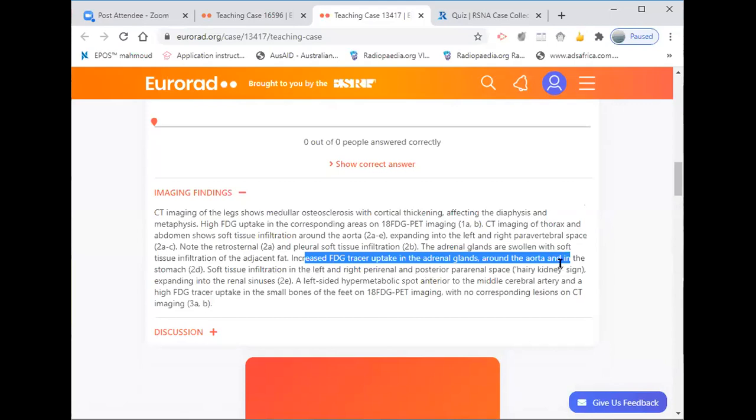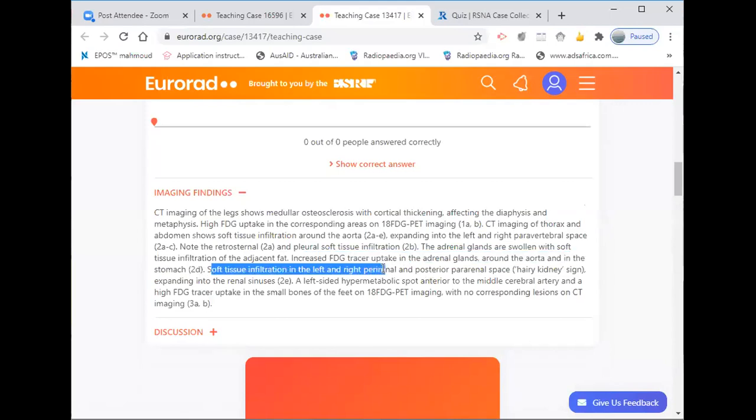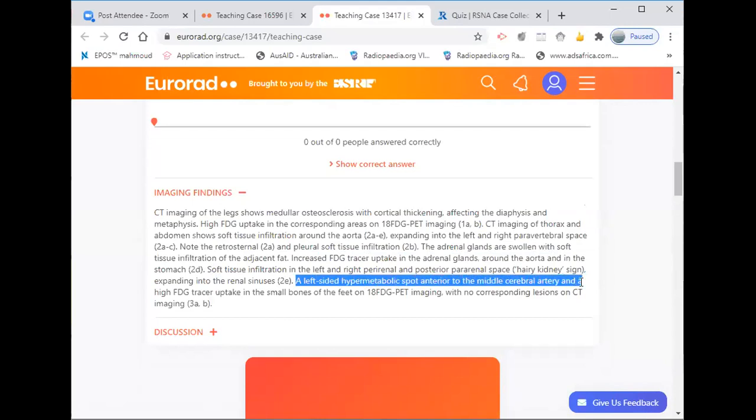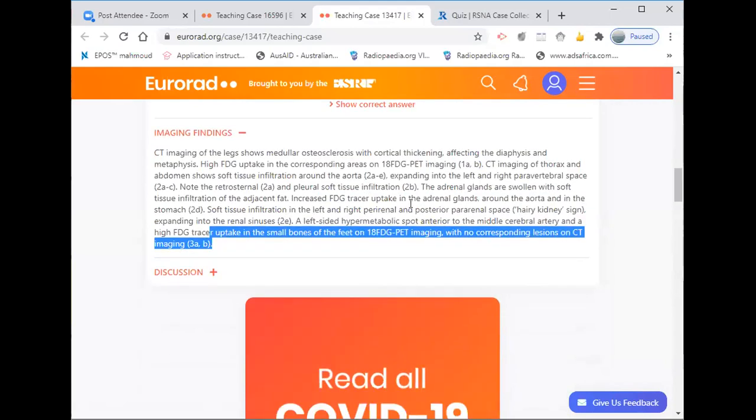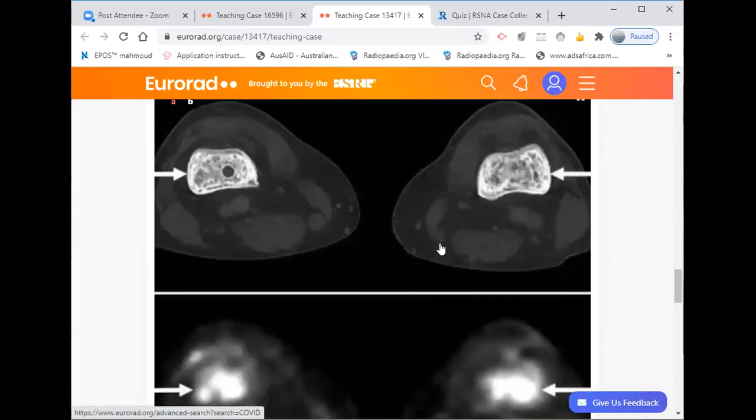Yeah, so we mentioned that there is soft tissue infiltration in the perirenal, pararenal space, which is called the hairy kidney sign, and extends to the renal sinuses. And there's a hypermetabolic spot in the anterior middle cerebral artery territory with FDG uptake, and there is no corresponding lesion in CT. Okay.